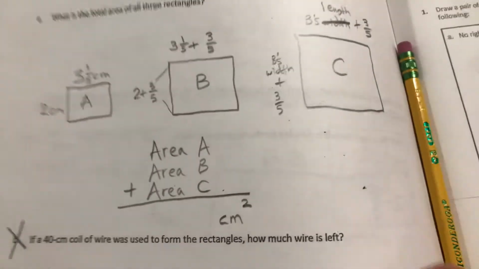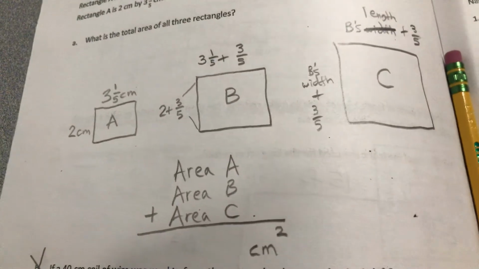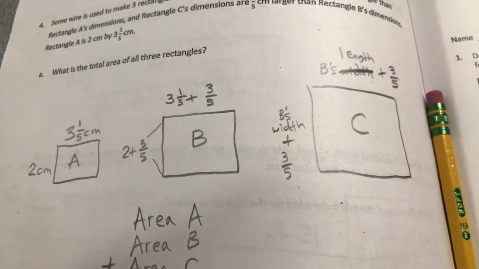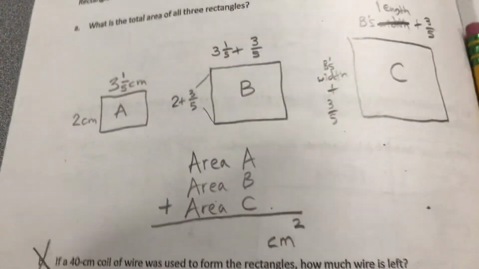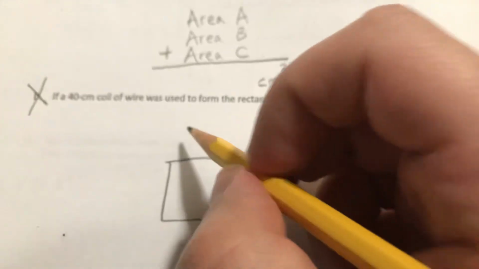Okay, that is the end of lesson 15. Again, the objective is I can solve real-world problems involving area of figures with fractional side lengths using visual models and/or equations. The main thing about these lessons that I've taught you this week, kids, is do you know how to find the area of a particular object, in this case a rectangle, that is in a mixed number form, like this, for the length, and a mixed number form like that for the width.